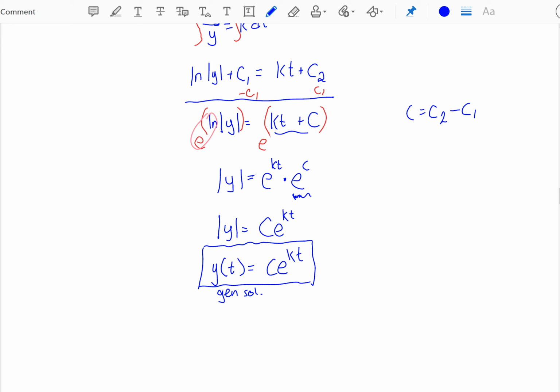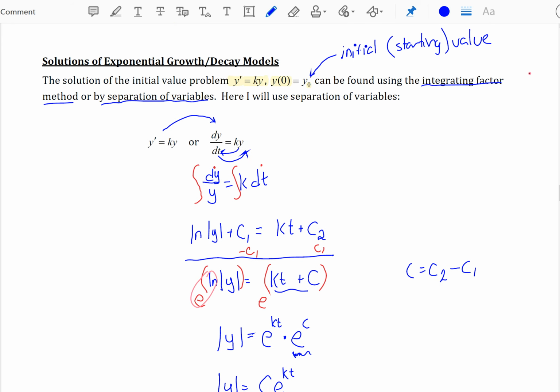Now, this problem we were given, though, was an IVP. We were told that y at time 0 is equal to y naught. This would be your initial condition.